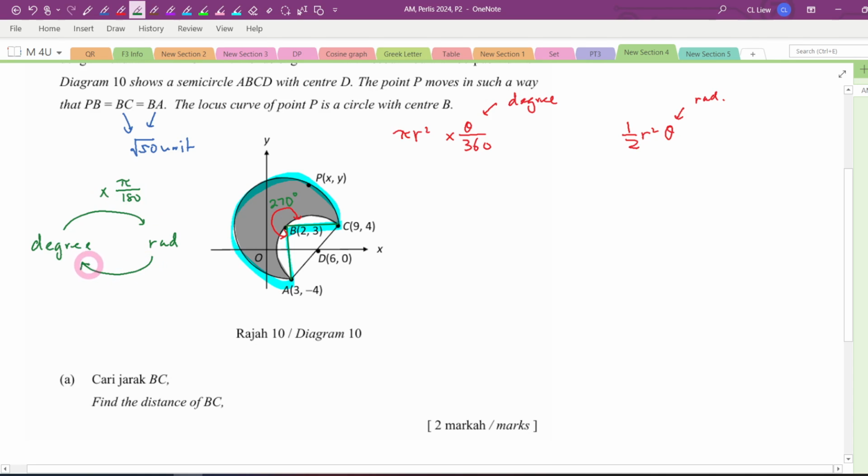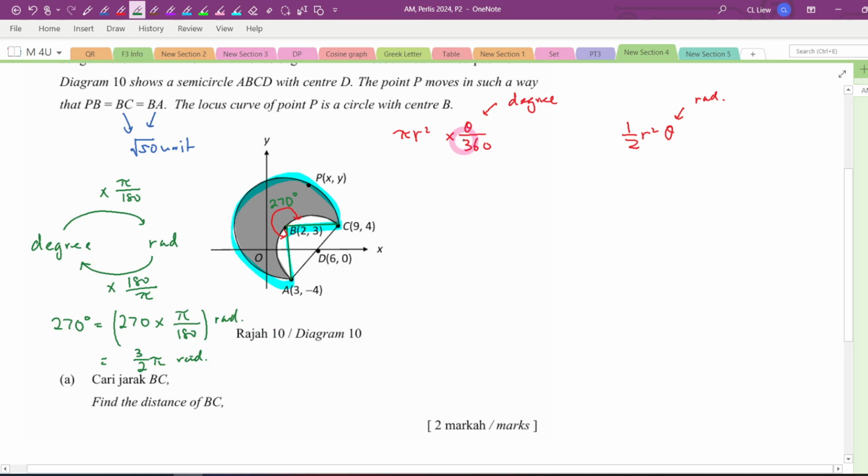Radians to degrees is backward, times 180 divided by pi. Okay, so 270 degrees is actually equal to 270 times pi over 180, and then this will be in radians, which is equal to 3 over 2 pi. 3 over 2 pi radians.